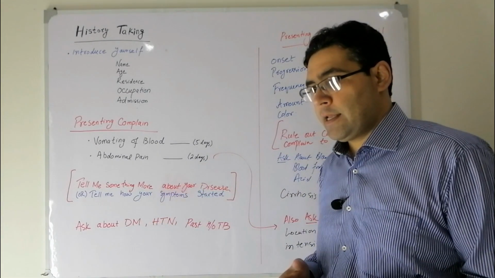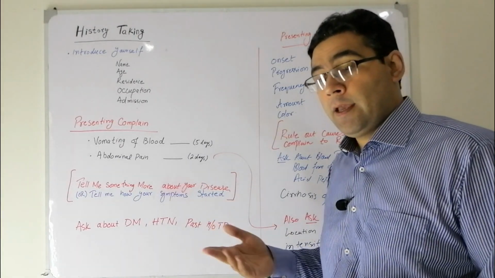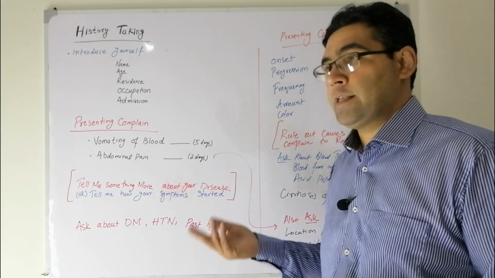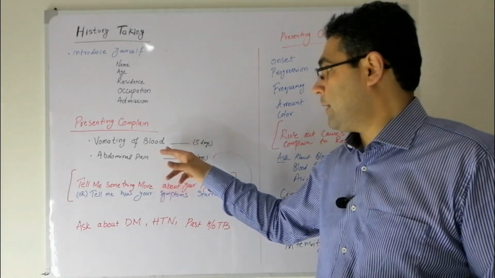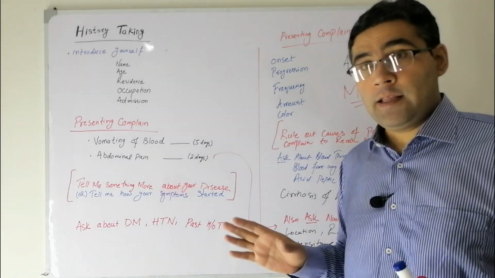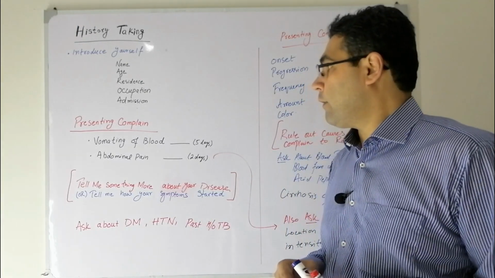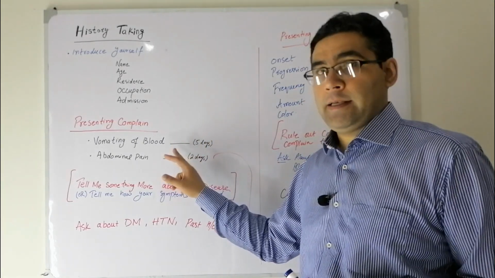So it is possible that this patient had esophageal varices, which bled this time. So you will not stay on these words. You will try to make the differential diagnosis of the hematemesis.